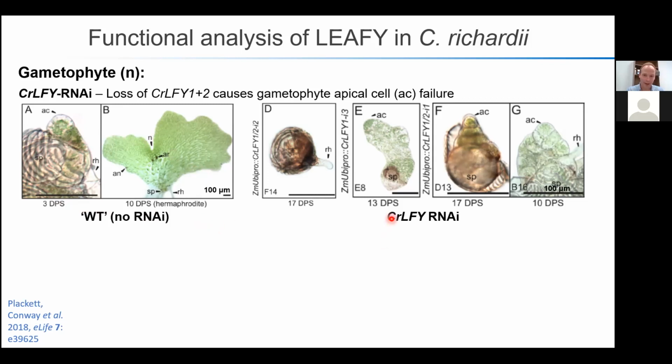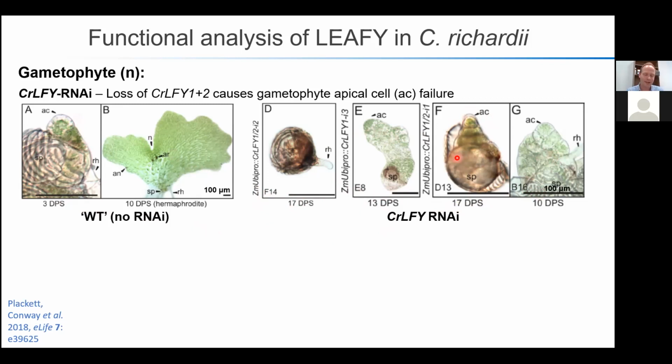In our RNAi lines, my colleague Steph Conway had real trouble establishing these lines because she kept saying that the gametophytes just aren't developing. And when we looked, we were finding examples like this. And so to my experienced eye, these look like examples of development just after germination, about 3 or 4 days. But these are 17, 13, 17, 10 days old. So these have arrested their development.